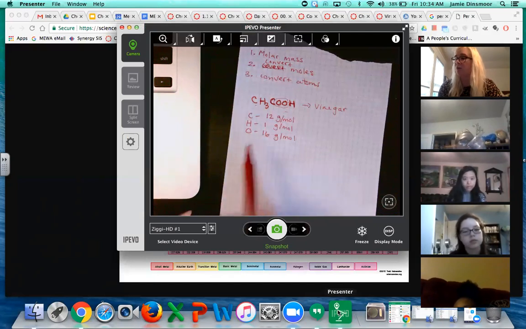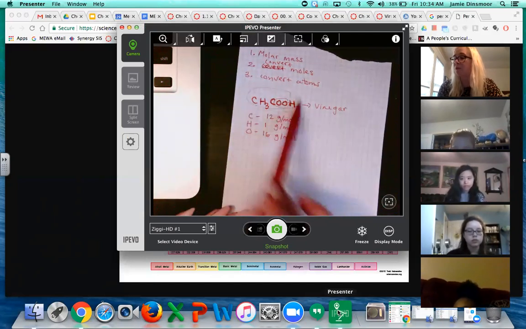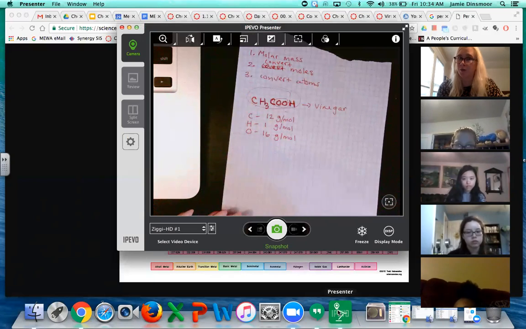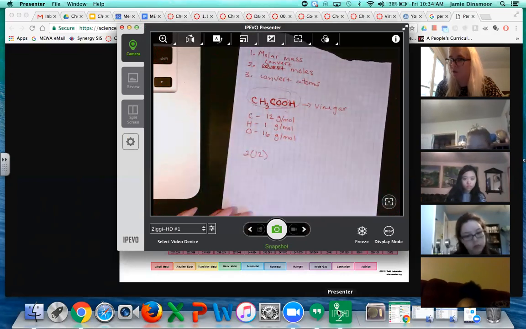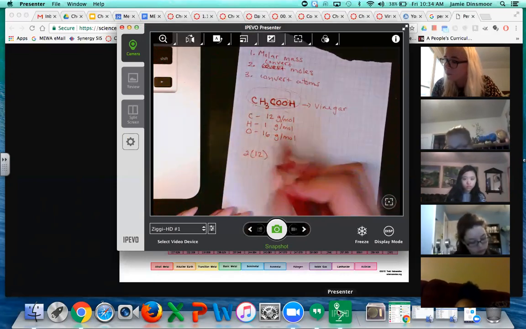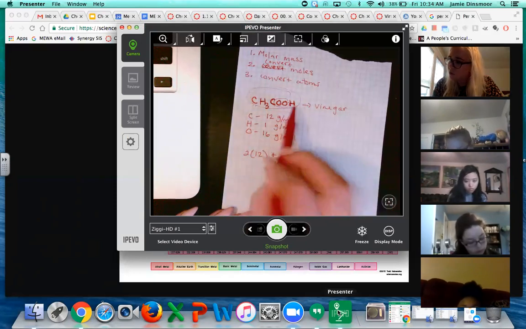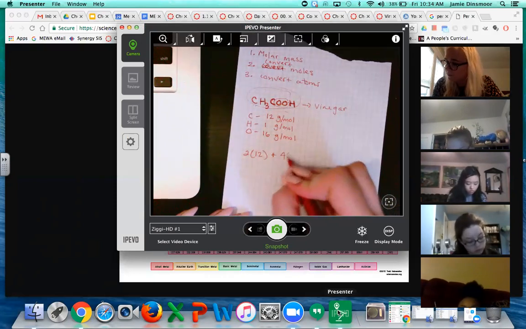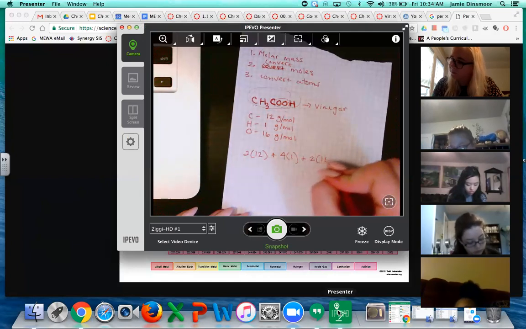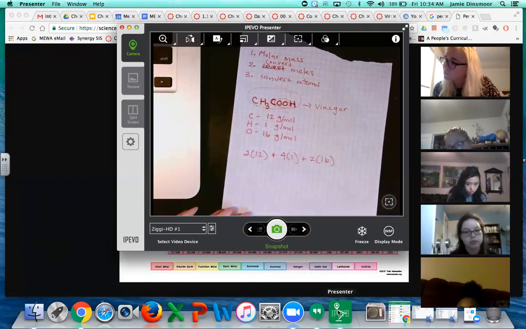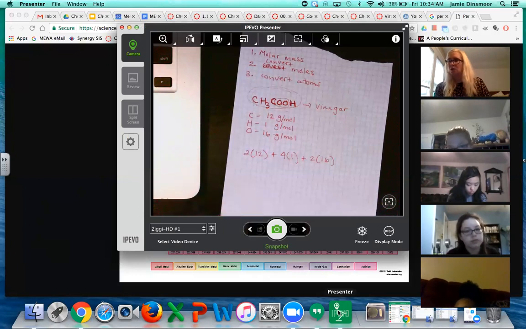So now to find the molar mass of our entire compound, we're just going to do some addition here. So we have 2 carbons, 12 plus 12, plus 4 hydrogens, plus 2 oxygens. Okay, so then we're going to add these all up.